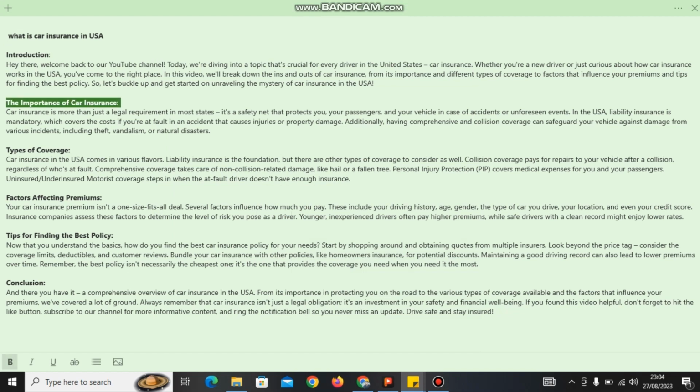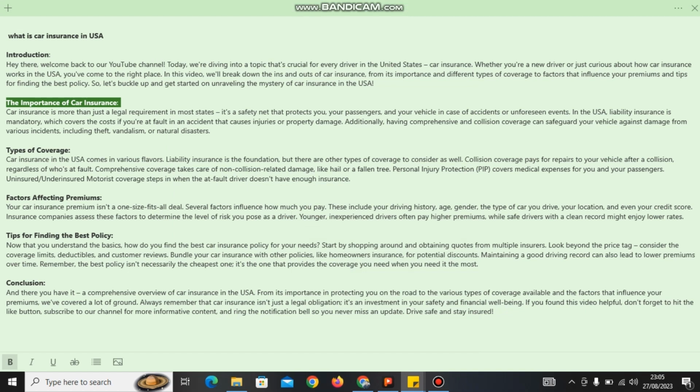The importance of car insurance. Car insurance is more than just a legal requirement in most states. It's a safety net that protects you, your passengers, and your vehicle in the case of an accident or unforeseen events.